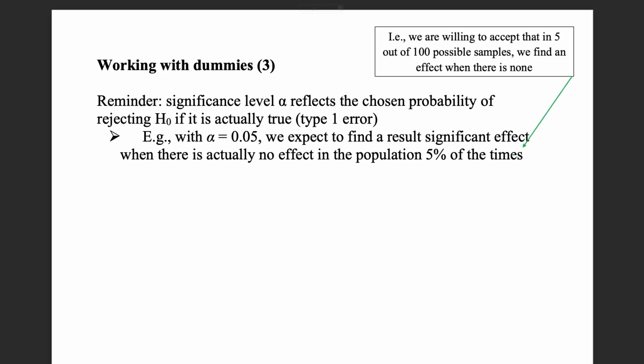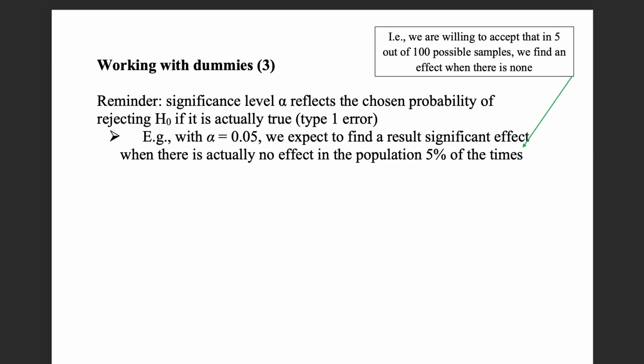So what does a risk of 5% mean? This is always in relation to what would happen if we took all possible samples from our population. Let's say we pick an alpha of 0.05. That's the same as saying we are willing to accept that in 5 of 100 possible samples from the population, we find an effect when there actually is no effect.